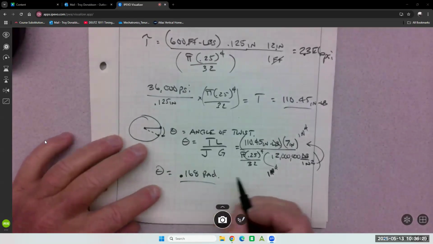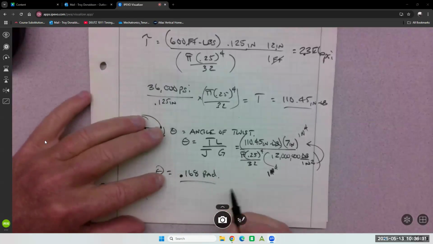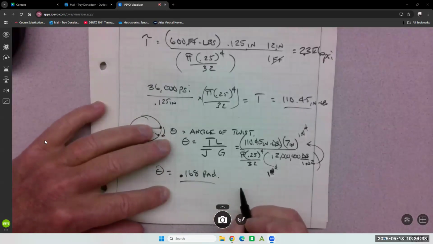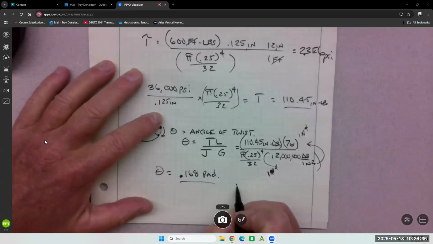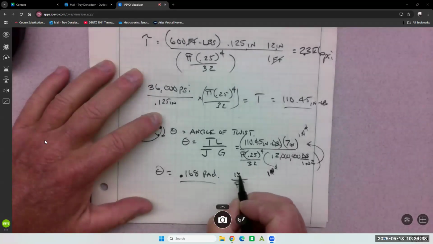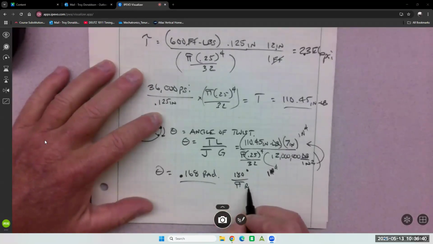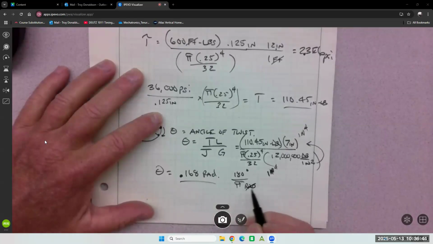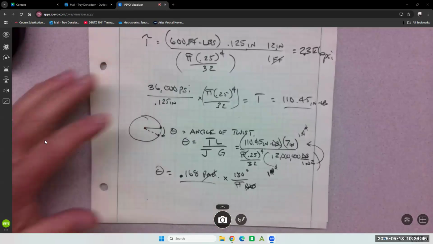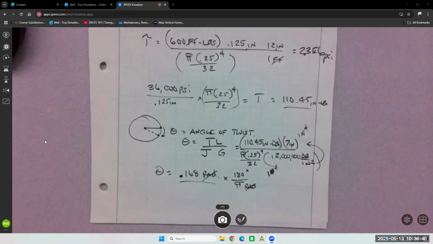So to get rid of the radians, because pi's in radians, you have to put your pi down below and your 180 above. So pi radians is 180 degrees. Then the radians cross. So you multiply by 180, divide by pi to get to degrees.